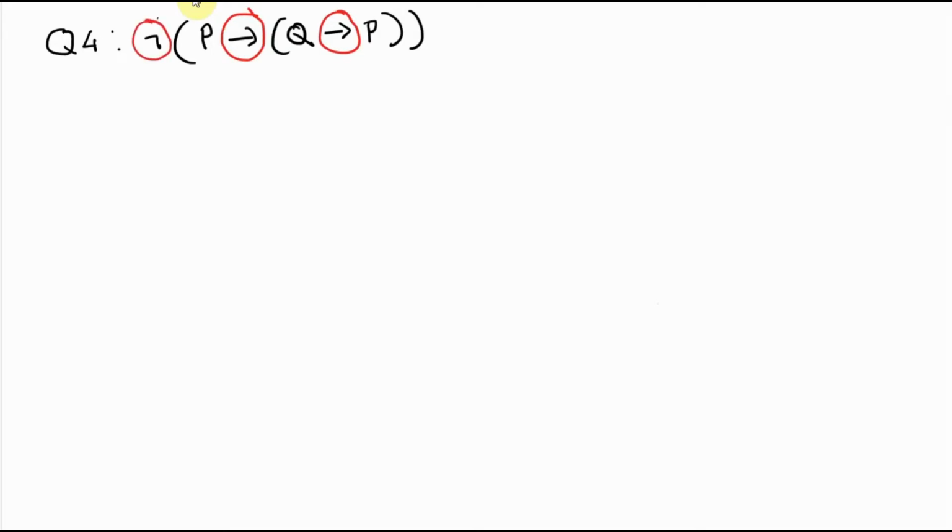Right now we cannot use the negation operator on the implication, because if we do, our answer may be wrong. So to change the implication, we use the logical identity: P implies Q is equivalent to not P or Q. This is the identity that we are going to use.